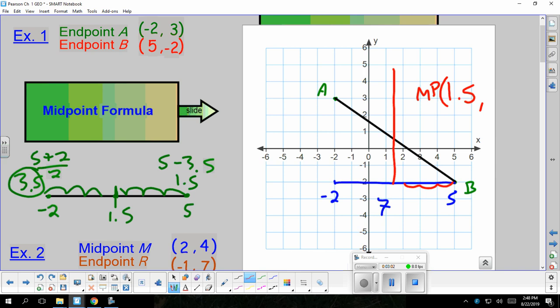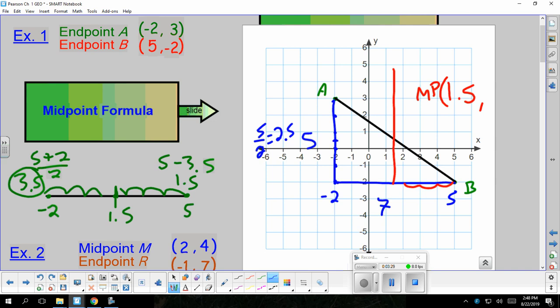I can do the same thing with this one right here. I can use this over here, or I can just use the figure method and count. The length of this segment is 1, 2, 3, 4, 5. Right? So 5 right here. And then half of 5 is 2.5. So I know the midpoint is going to be 2.5 from both sides.